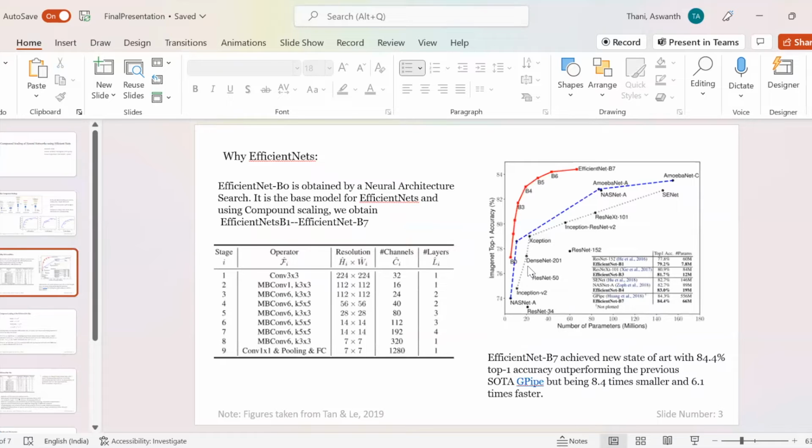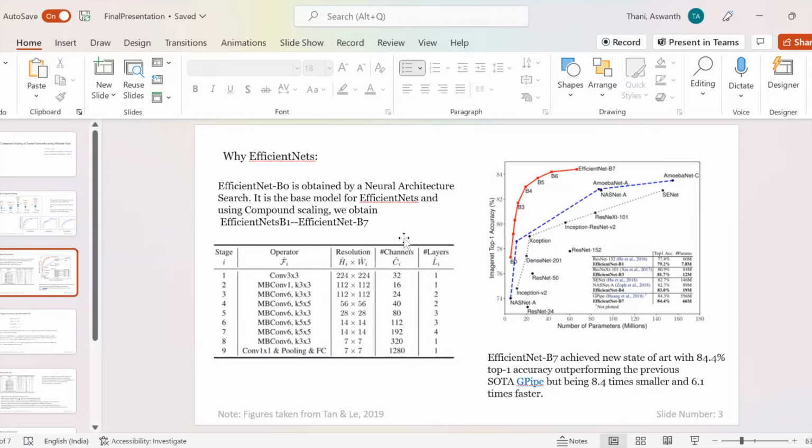So why do we need EfficientNets? It is not only important to do compound scaling, but also it is important to choose a better baseline model for obtaining higher accuracies. So EfficientNet B0 is a baseline model for EfficientNets, which was obtained using neural architecture search.